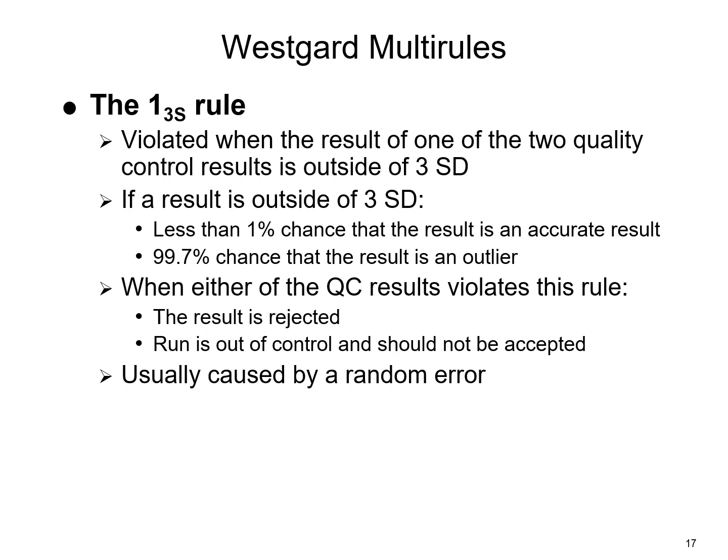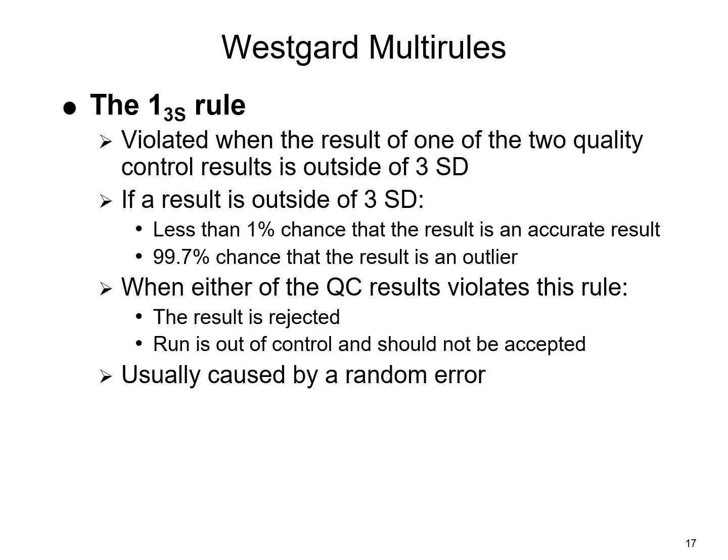If a result is outside of 3 standard deviations, then that means there is less than a 1% chance that that result is actually accurate. Remember that 99.7% rule, that everything should fall within that? Well, if you've got that 0.3% falling outside of those, or they are outliers, something's wrong.